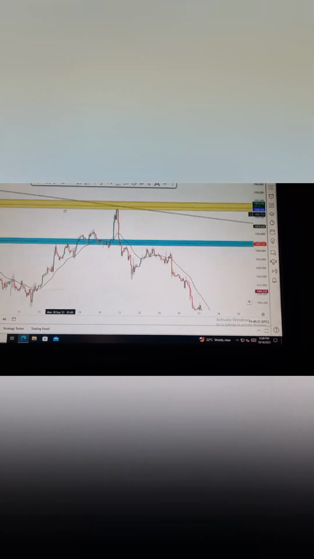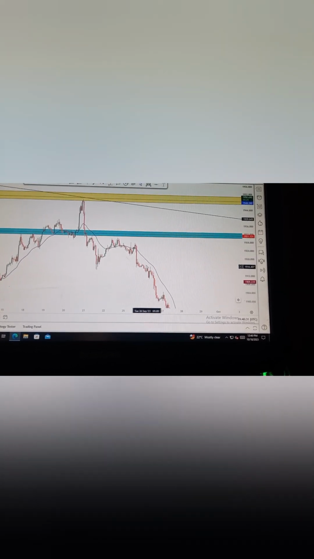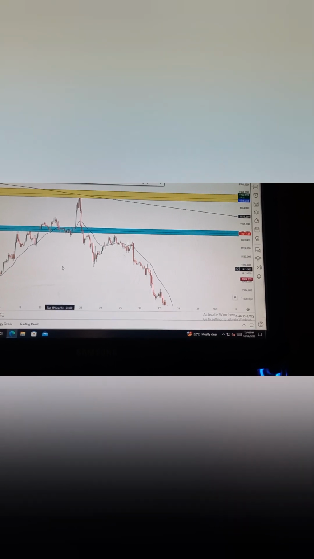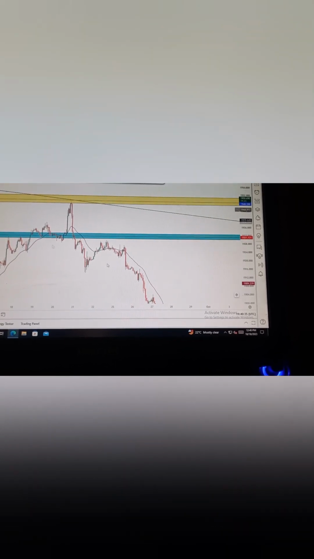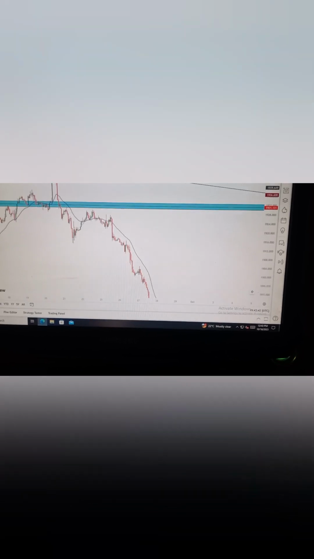So for a downtrend, it's the same concept, just vice versa, as you can say. But just remember, for a downtrend, right, you pull from the top to the downside.